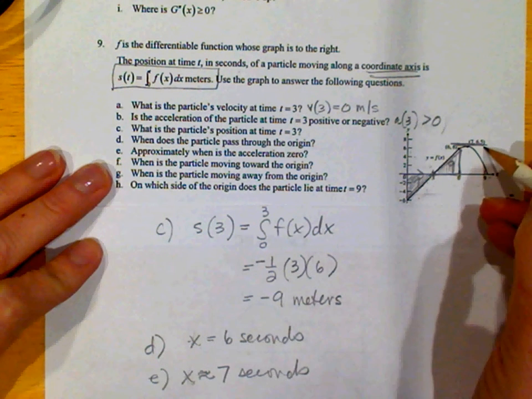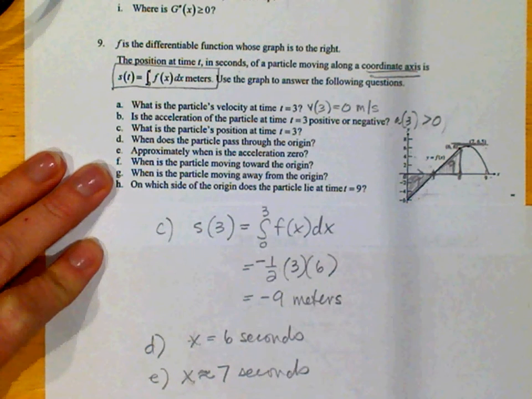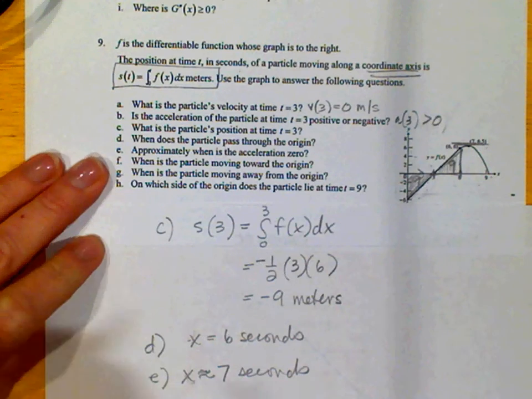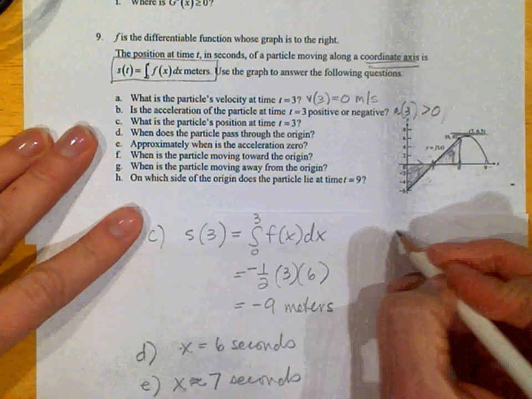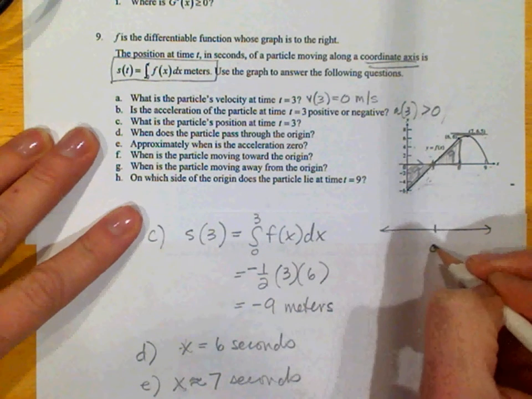When is the particle moving toward the origin? Well, the particle could be moving either left or right, dependent upon where it is in space. If you want to get a good handle on it, let's say I'm starting at the origin, and then I move to the left 9.